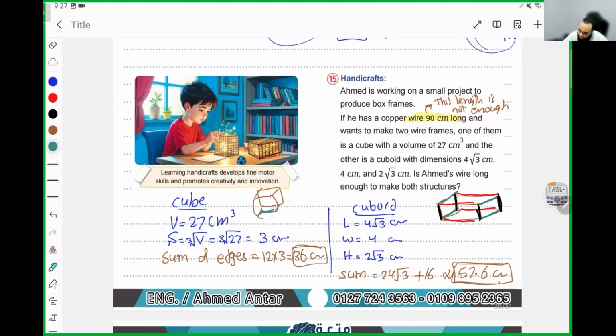So 1, 2, 3, up to 12. These are 12 edges.